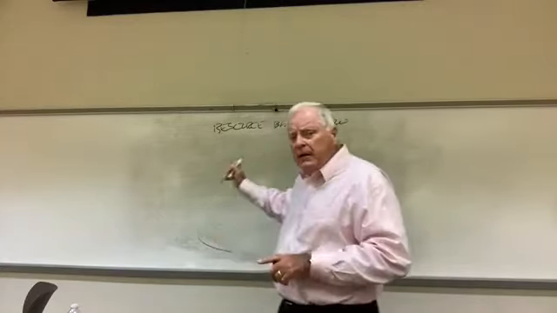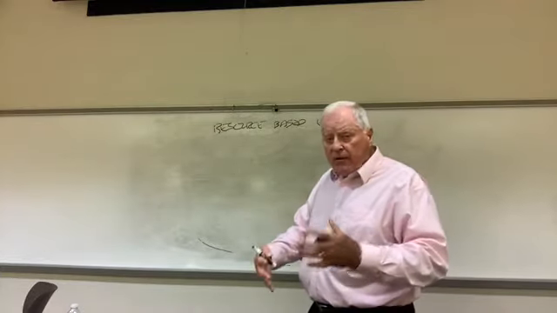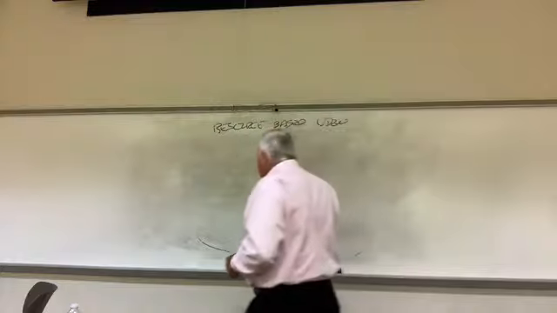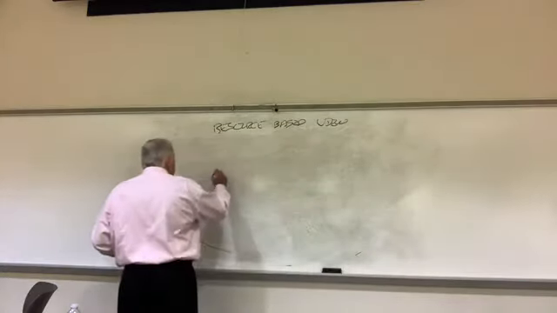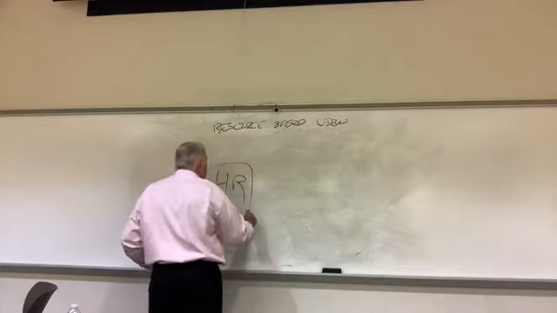So let me put the resource-based view on the board, and I'll show you how this VRIO thing, what role it has in it. So I'm going to put a bunch of blocks on the board. I'm just going to use notations, and I'll make sure that all of you understand.